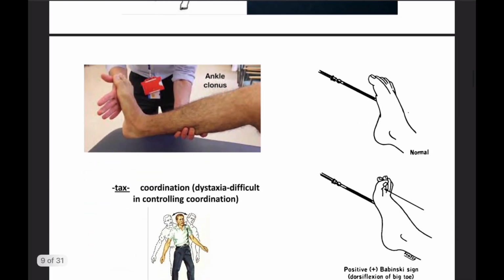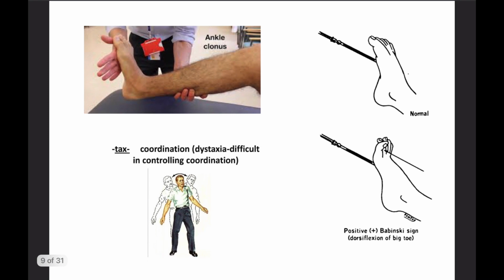And please note that this abnormal Babinski sign is normal until age 2. So until age 2 and below, the Babinski sign is considered normal.